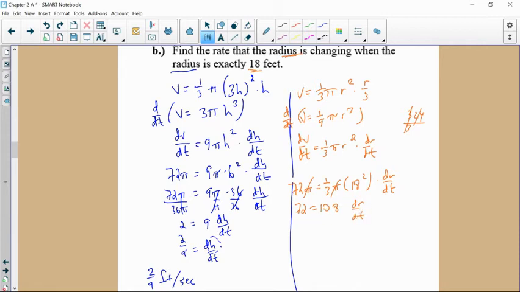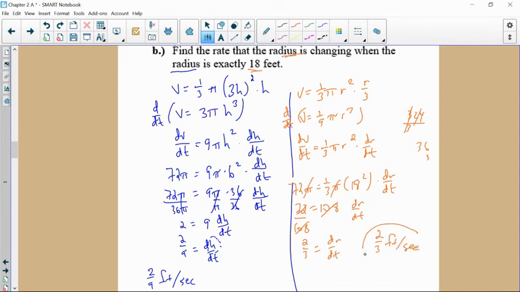Now divide the 108 across, and if I do that, I get 72 over 108, and I know that's divisible by 36, right? Because 3 36s is 108, and this is 2 36s, so that's a 2-to-3 ratio equals dr dt. Or remember, our label should be feet, so this should be 2/3 feet per second.